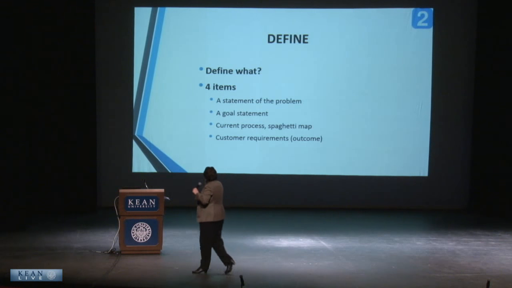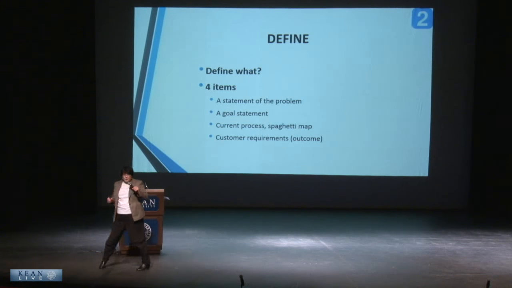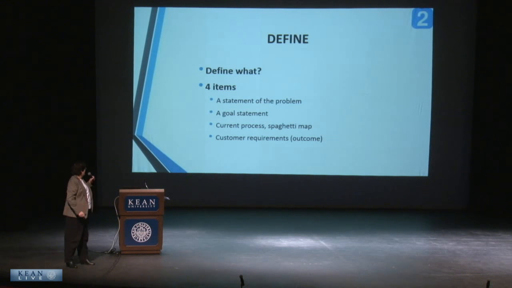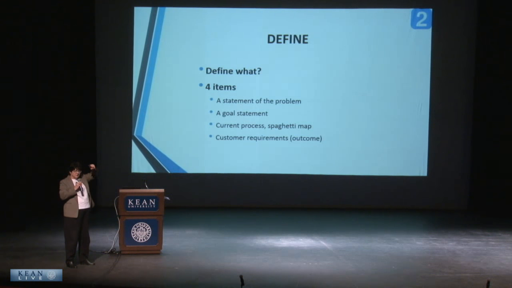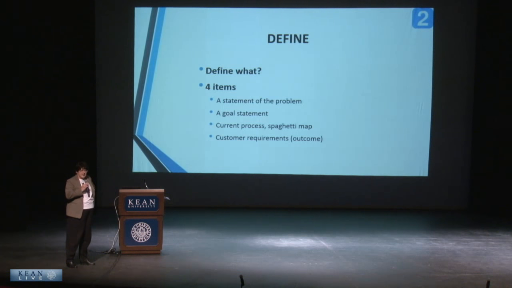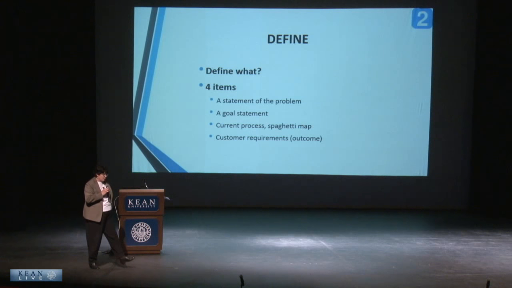You would map your current process. You would also do a spaghetti map. Remember that little squirrely thing where I said, remember this image? That looks like what we call a spaghetti map. And then the customer requirements outcome.